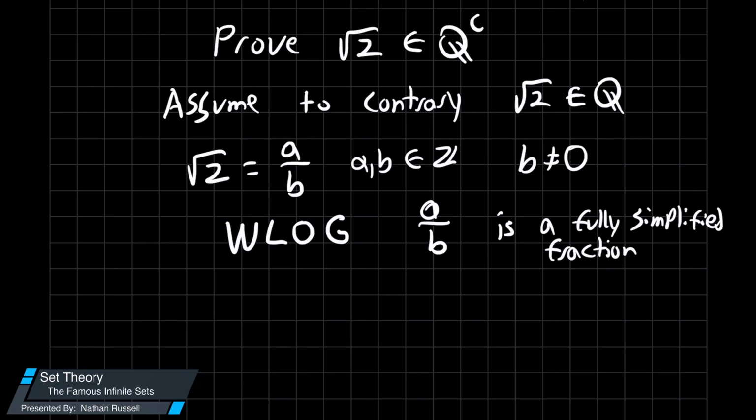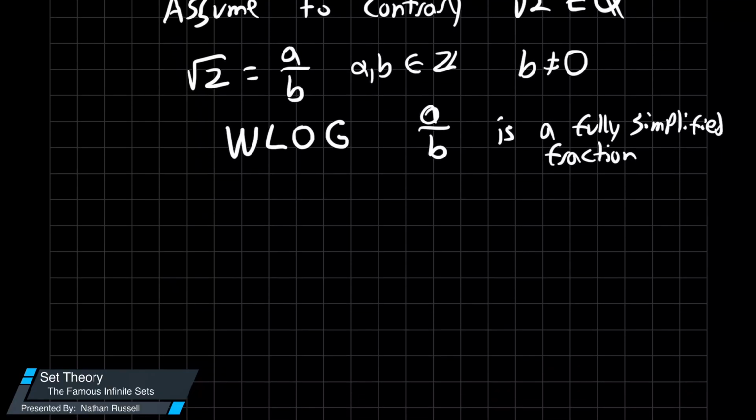Because after all, fractions of two integers will all have a reduced form, correct? So if all fractions of two integers can be in reduced form, we might as well assume that we're in reduced form. All right? So the square root of 2 is equal to a over b, as we said.